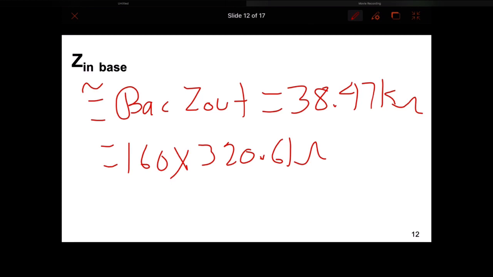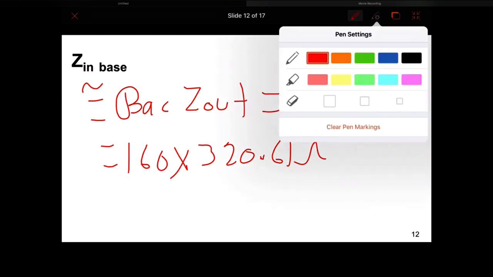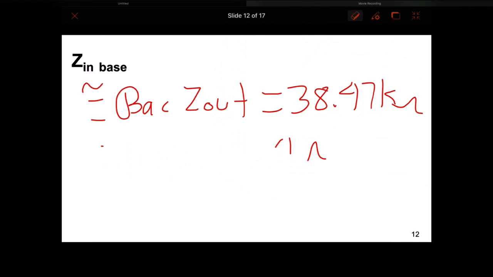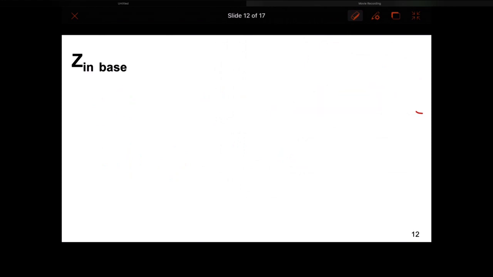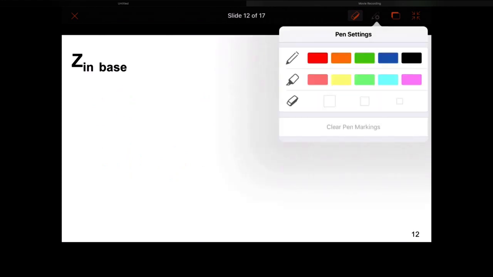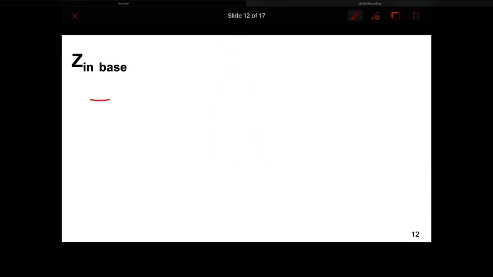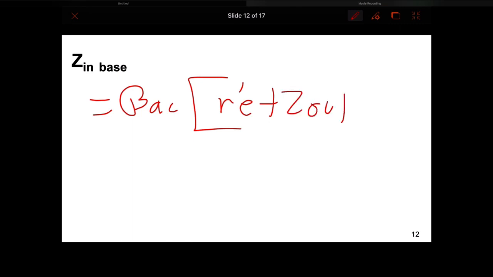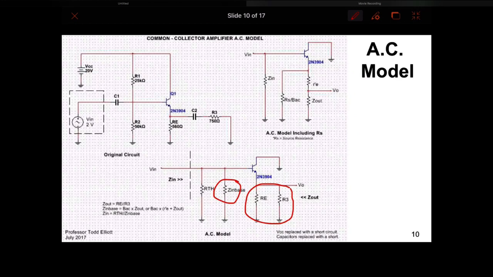However, you'll see the small difference, which is not a lot, truthfully. Including R prime E, it's going to be beta AC times R prime E plus Z out. So this is what I've shown here.